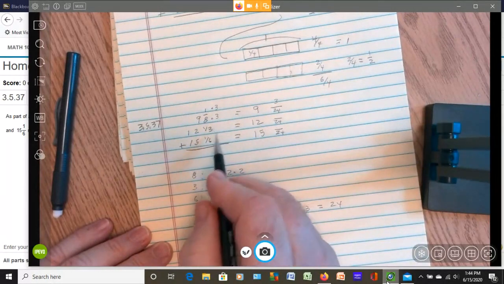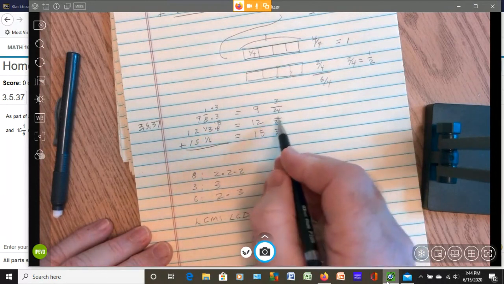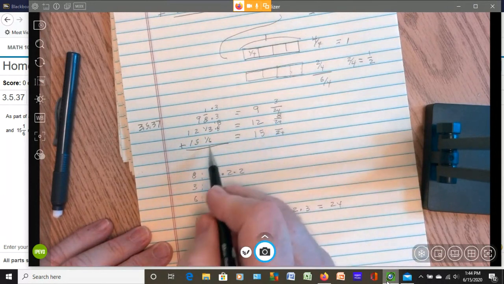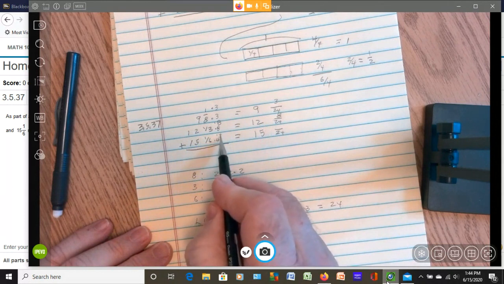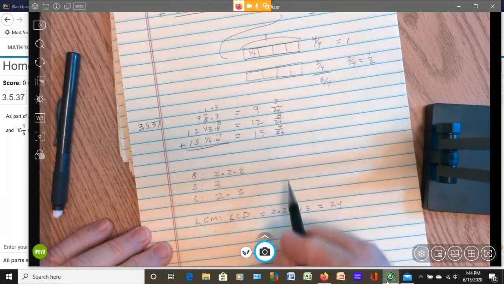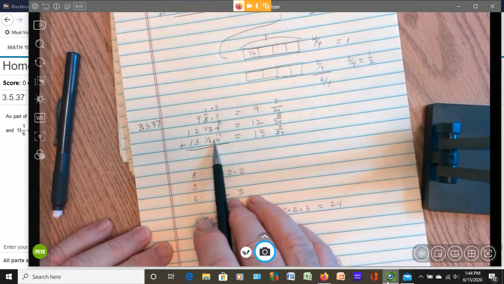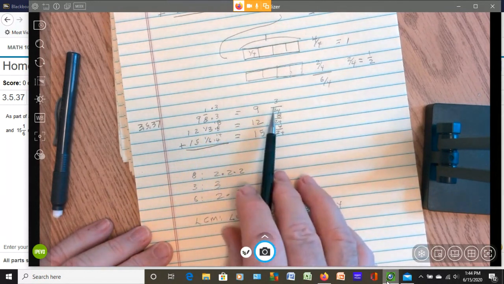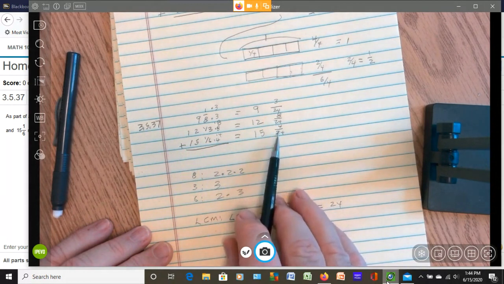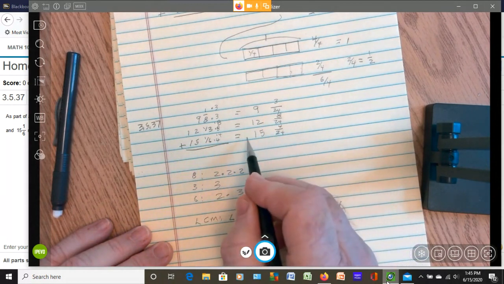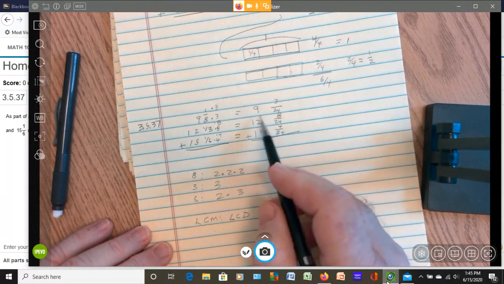How do I convert 3 to 24? Times 8. Okay. How do I convert 6? Times 4. Okay. So all we've done is we've taken those 3 unlike fractions, 1/8, 1/3, and 1/6, and converted them to 3 like fractions with an equal denominator. And that allows me now to just do my addition.